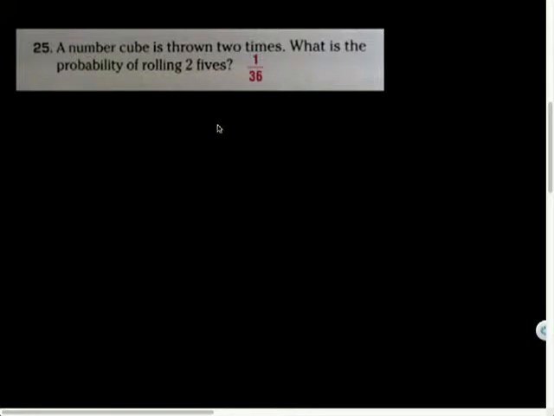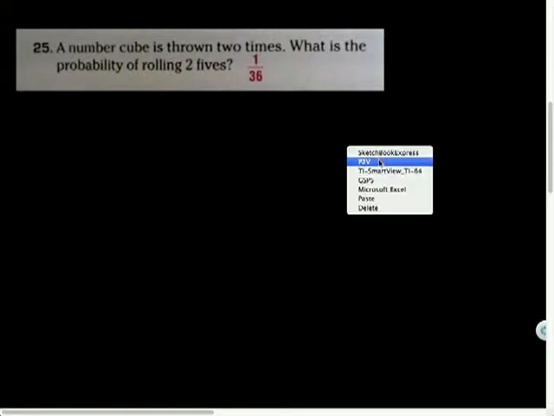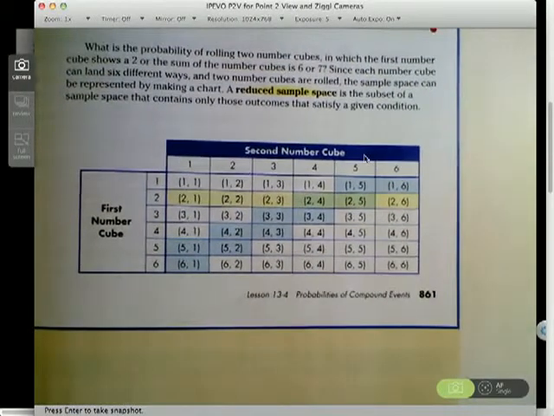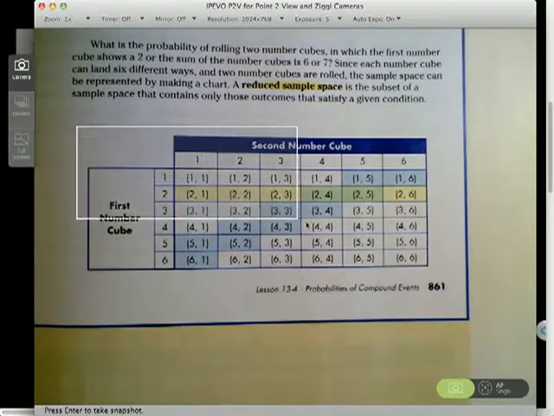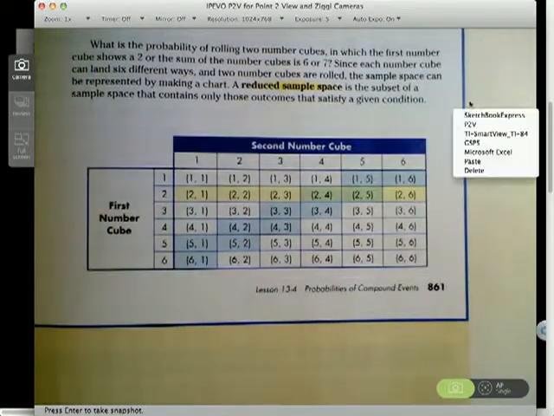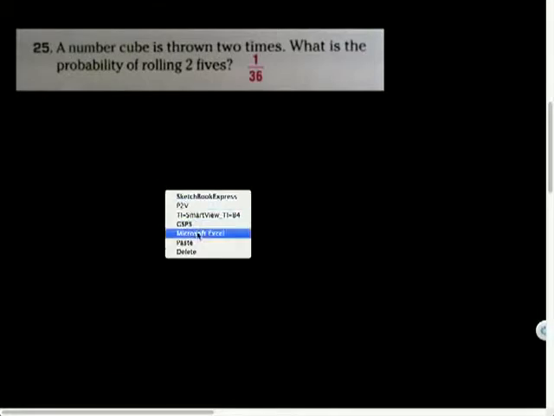Now for this problem, it's actually beneficial to draw up the sample space. This is on page 861 of your text.